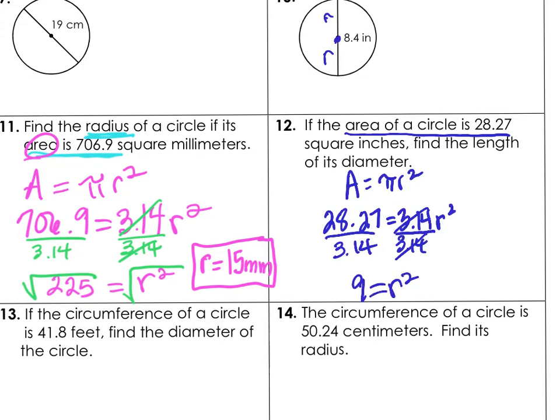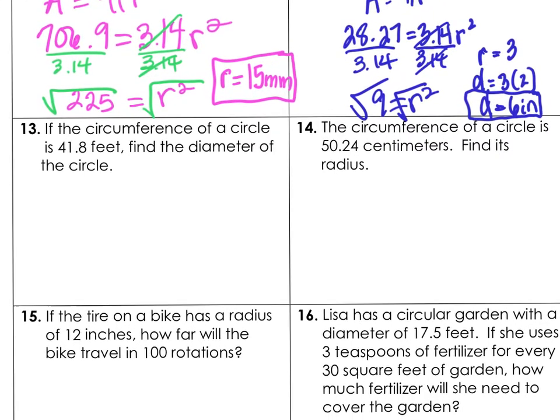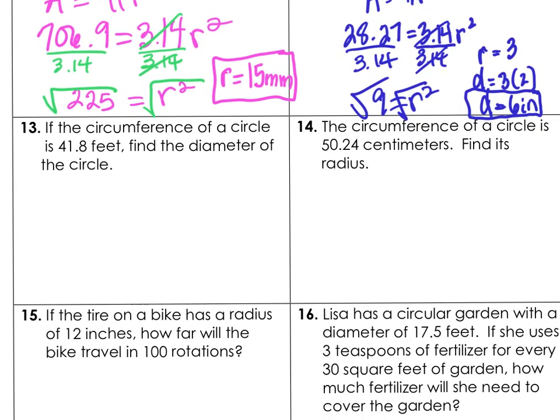So square root of r squared, square root of 9, what times itself gives us 9? Our radius equals 3, so our diameter equals 3 times 2. Our diameter equals 6 inches. And the ones on your homework are just like these. Not exactly like them, but same concept. You're just working backwards, and I know you guys got that in you.